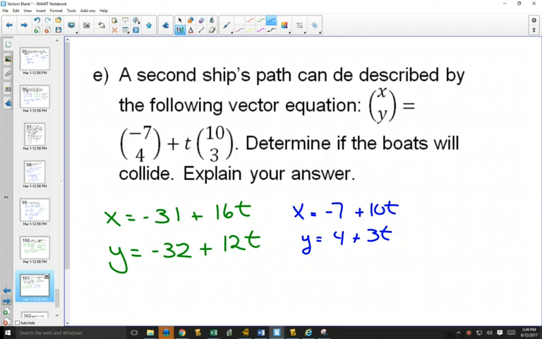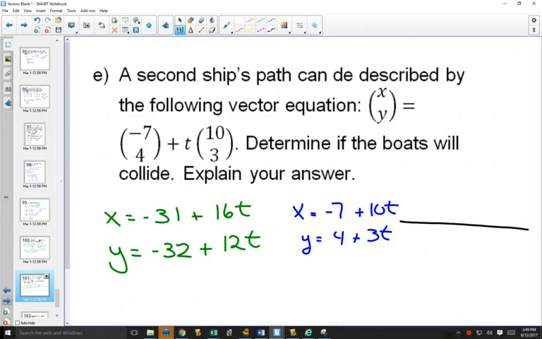Again, we have two equations that we can equate. We only have one variable, so we can solve for t for time in both of them. If the times are different, then they're not going to collide. If the times are the same, they are going to collide.